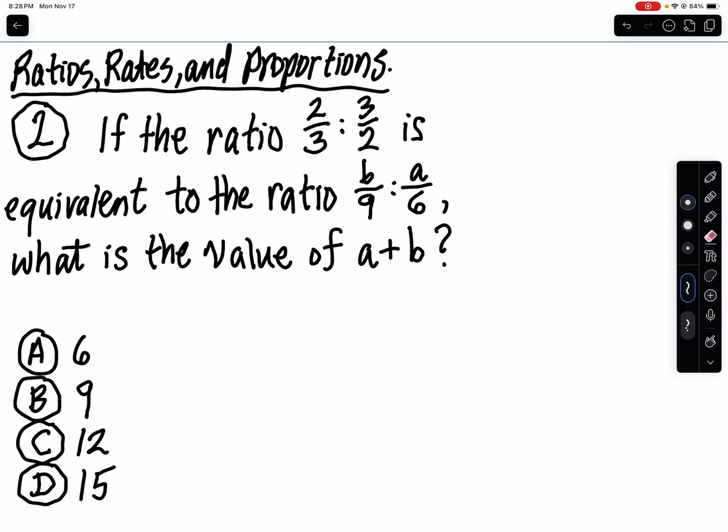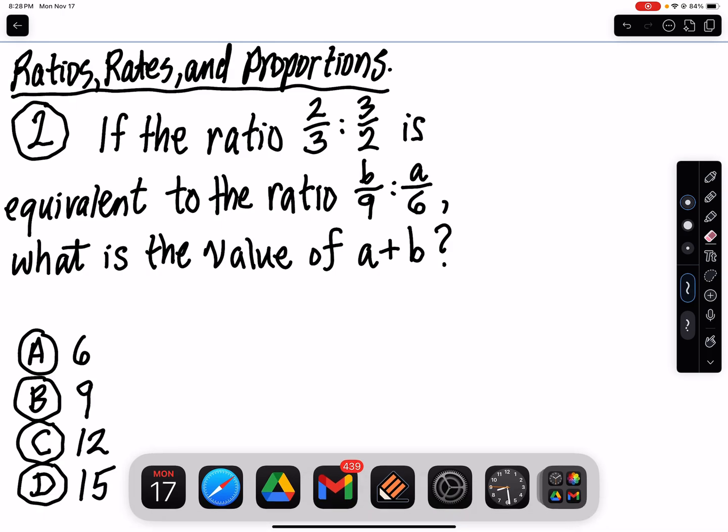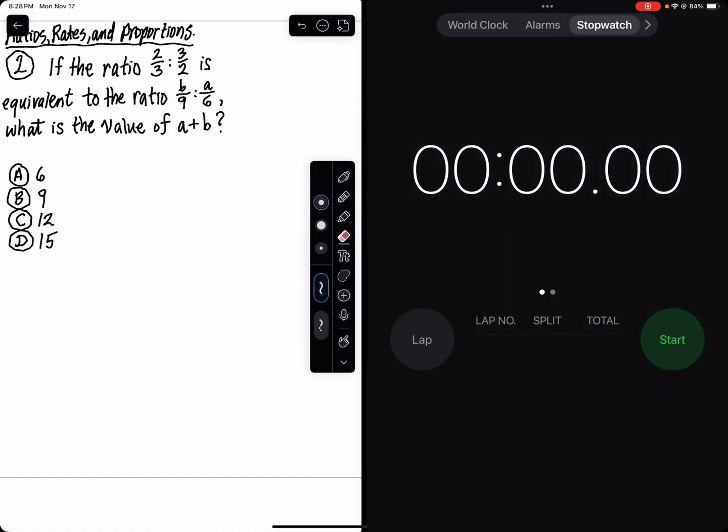If the ratio 2/3 to 3/2 is equivalent to the ratio b over 9 to a over 6, what is the value of a plus b? Is it 6, 9, 12, or 15? Okay.